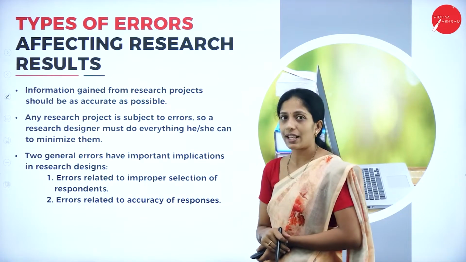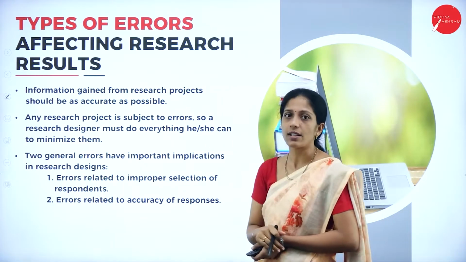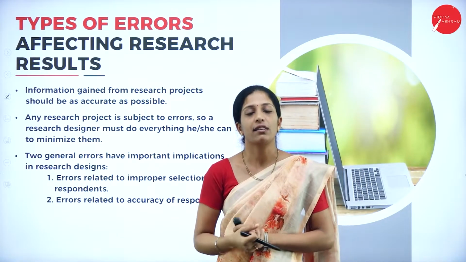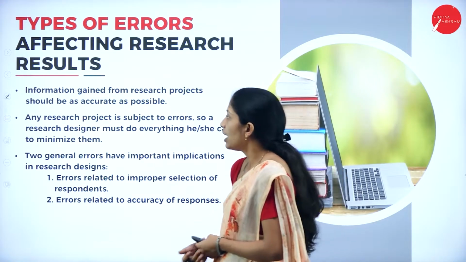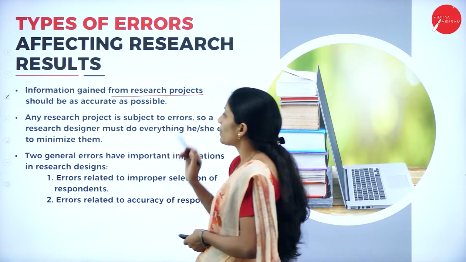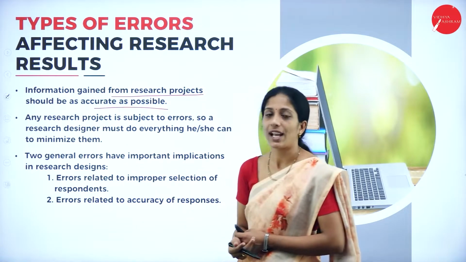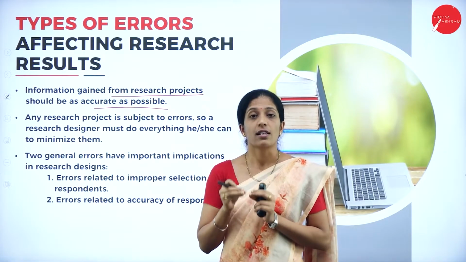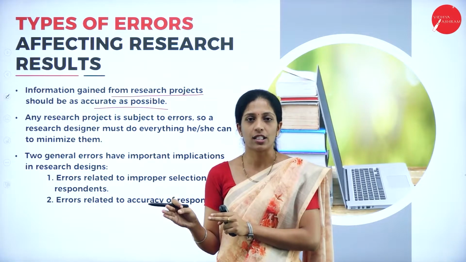Now coming to the next topic, what are the errors that affect research results? Let us see what errors there are in research design which will affect the research results. Information gained from the research projects should be as accurate as possible. We have to be very careful while collecting the information, because if we collect the wrong information, it ultimately affects the research report.